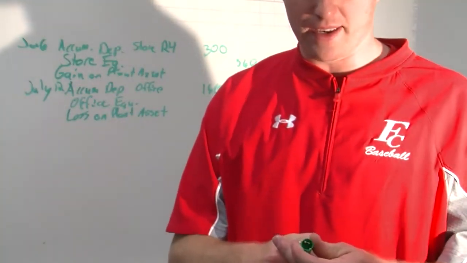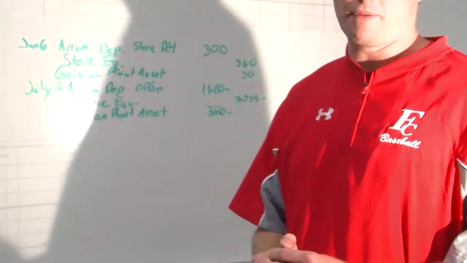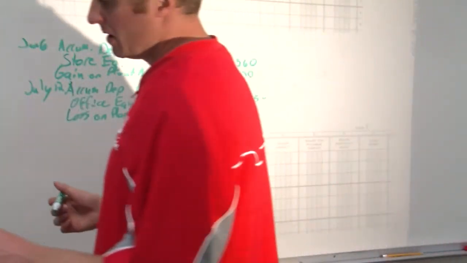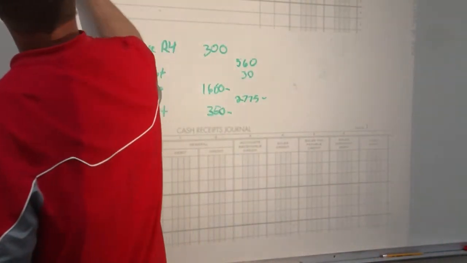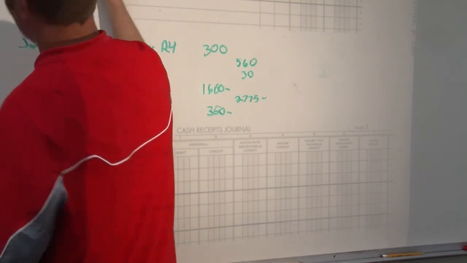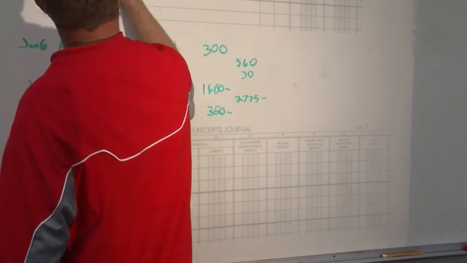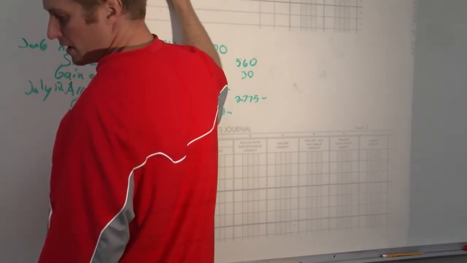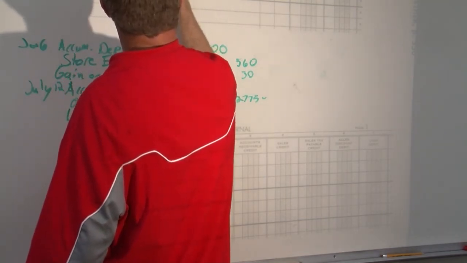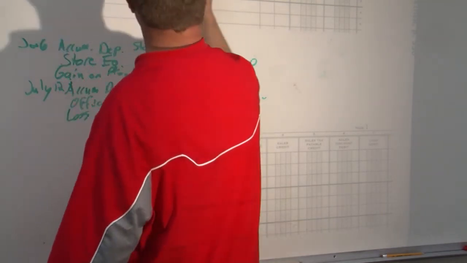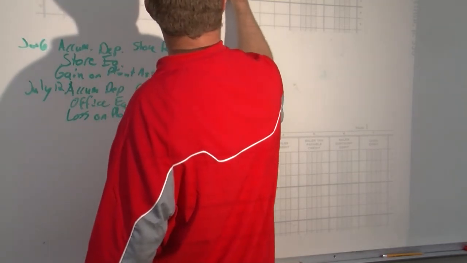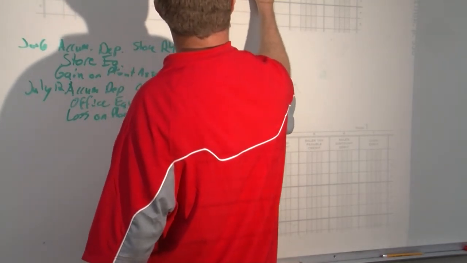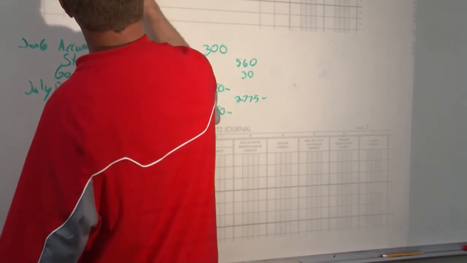Normally we do it at the end of the year, but since we sold it halfway through the year, we need to make sure we record it. So again, it was on July 12th. It was depreciation expense, office equipment, and it would be accumulated depreciation.